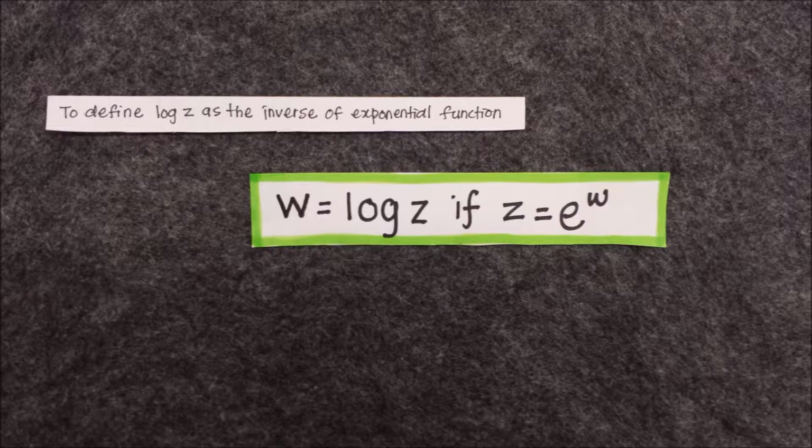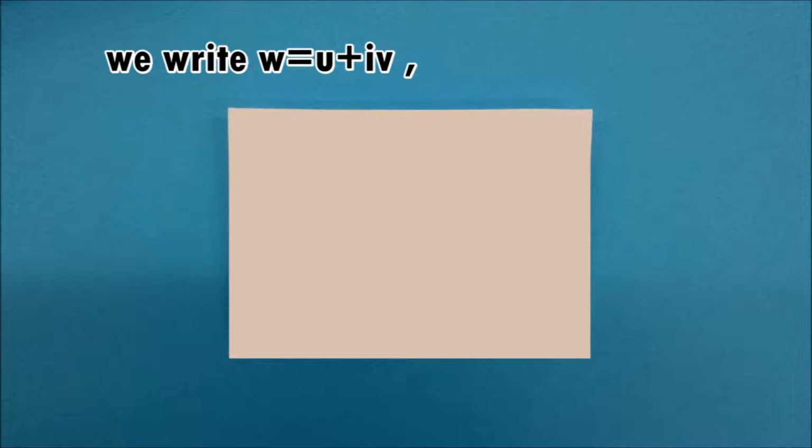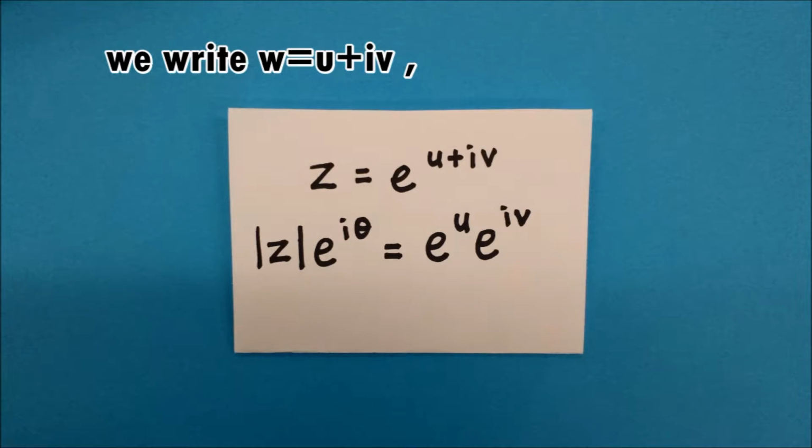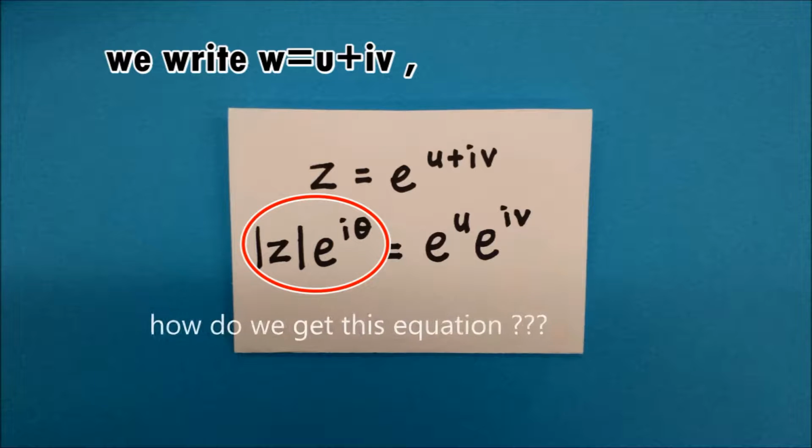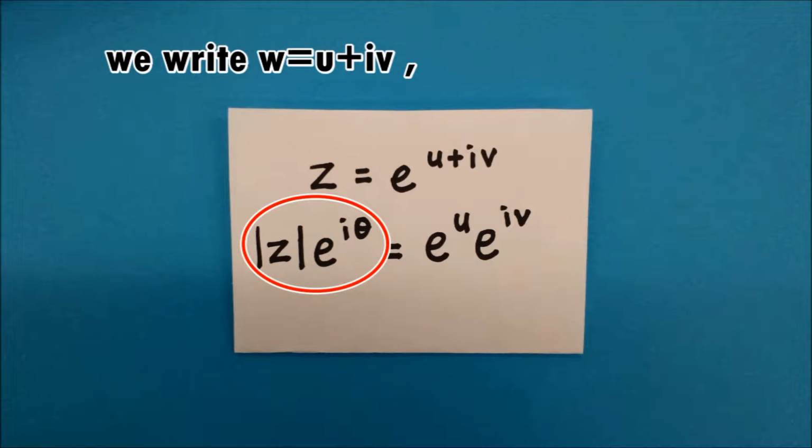For example, we use w equals log z if z equals e to the power of w, where z is any non-zero complex number. We write w equals u plus iv. Then the equation z equals e to the power of w becomes this. Oh wait, how do we get this equation?